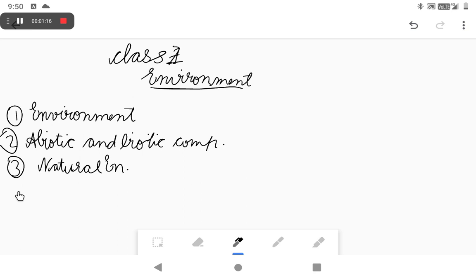Fourth, there are some things which come under the natural environment, like lithosphere, biosphere, atmosphere, and all this.